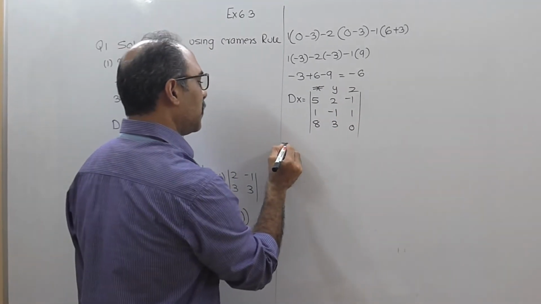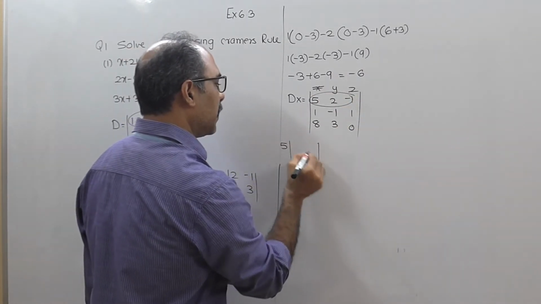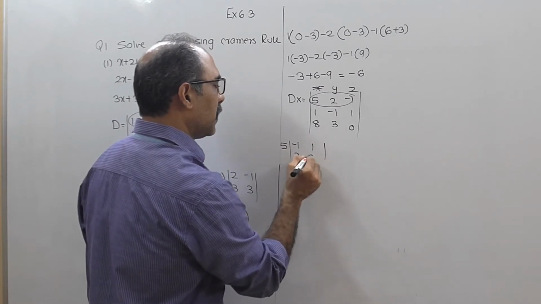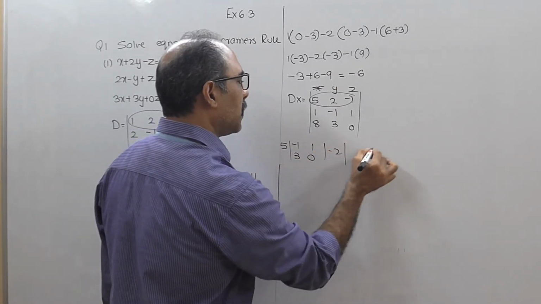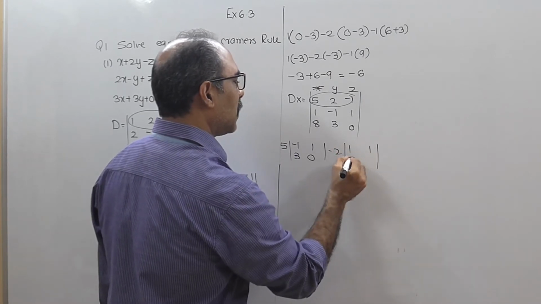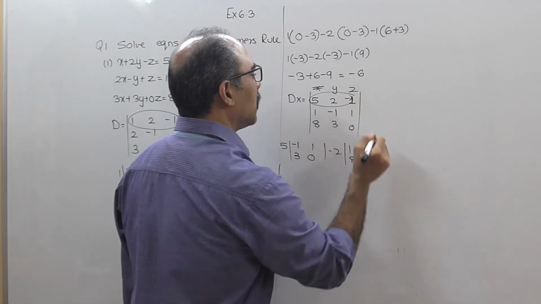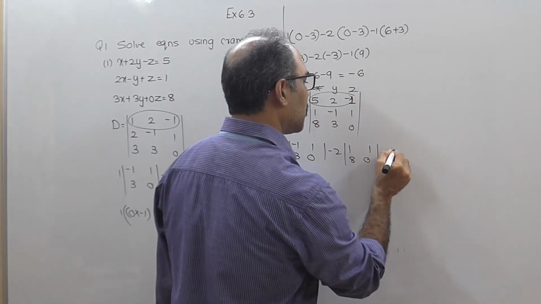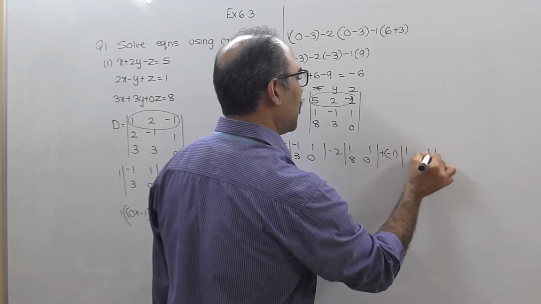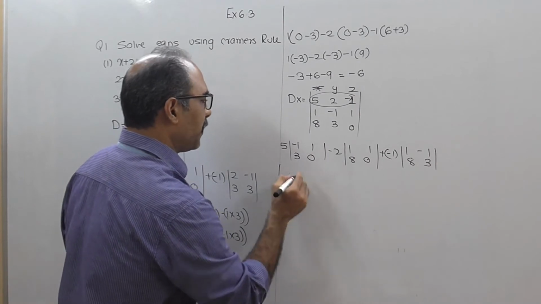Let's open this. 5 times the determinant of minus 1, 1, 3, 0, minus 2 times the determinant of 1, 1, 8, 0, plus minus 1 times the determinant of 1, minus 1, 8, 3. So this is 5.